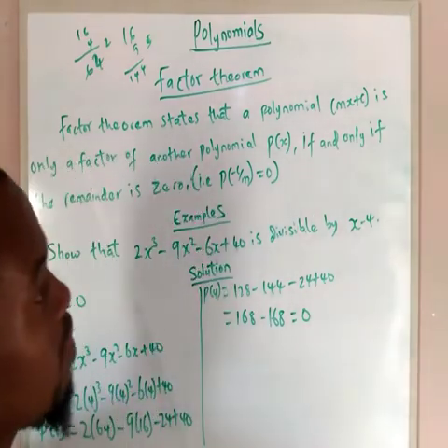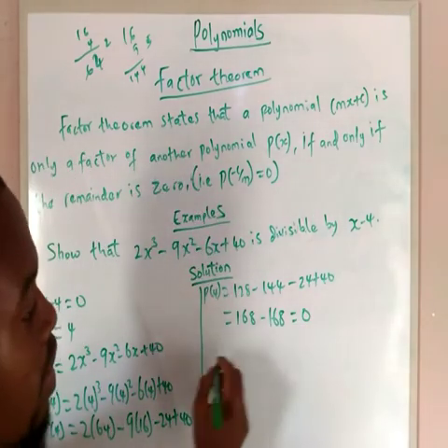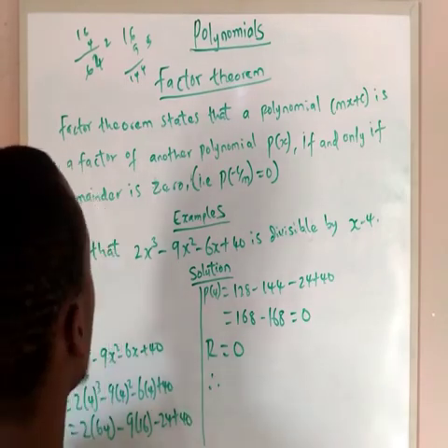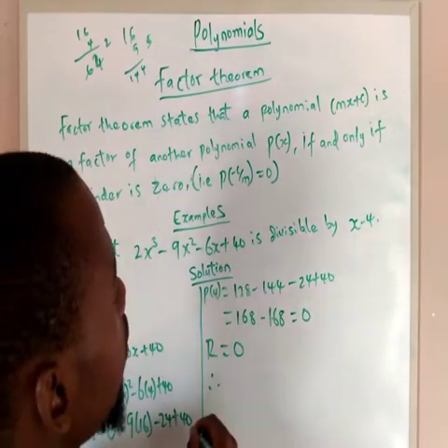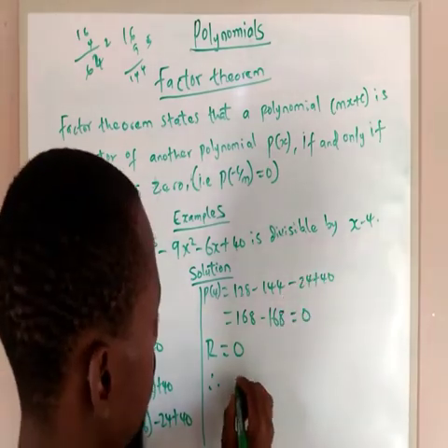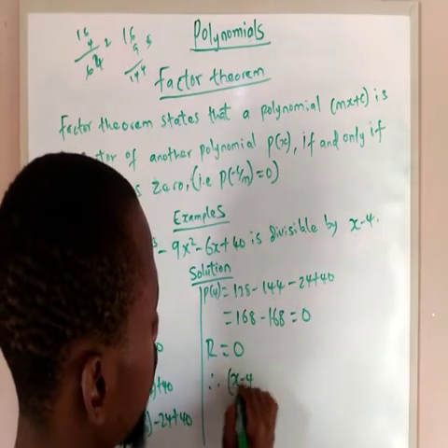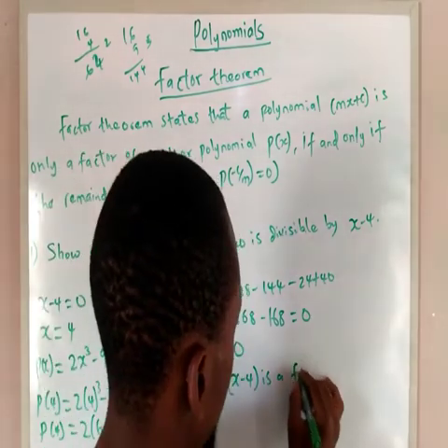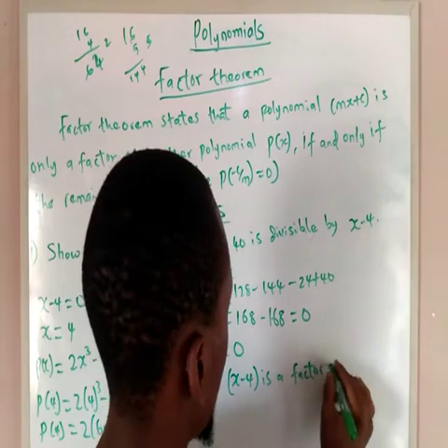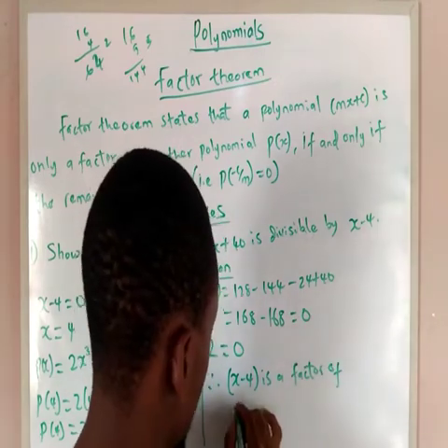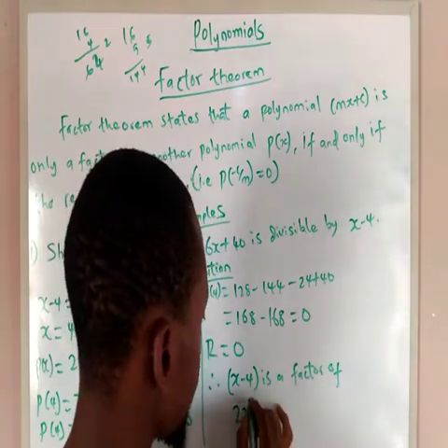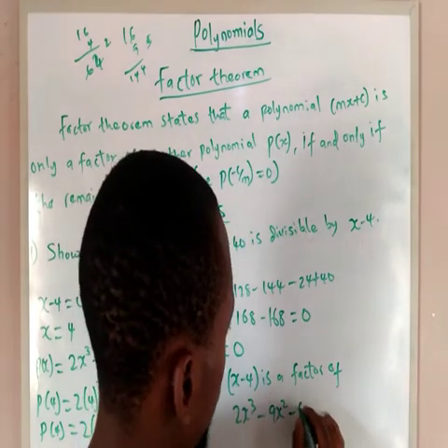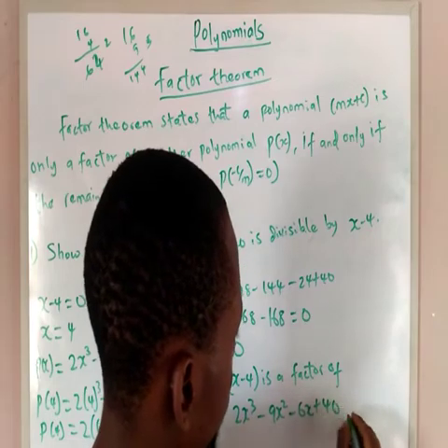So that means since our remainder here is 0, therefore the polynomial x minus 4 is a factor of the higher degree polynomial, that is 2x raised to power 3 minus 9x squared minus 6x plus 40.